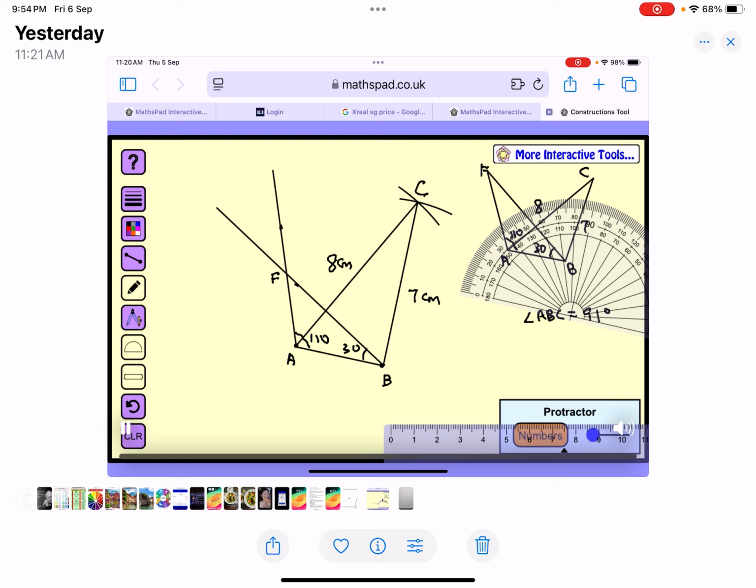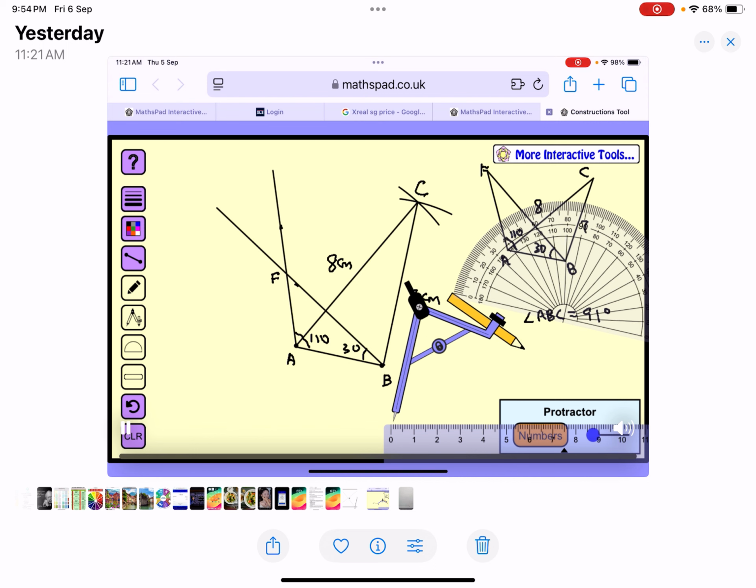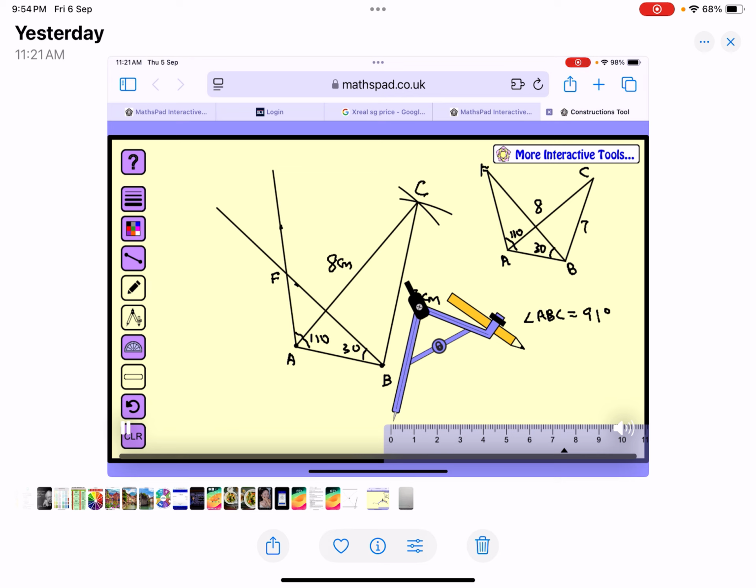Then we need to measure the distance of the cricket to the foot. To measure the distance, we make use of the compass, place at F, take the measurement, transfer it to the ruler, and the measurement is 6.5.